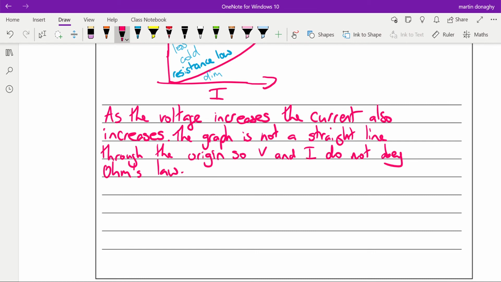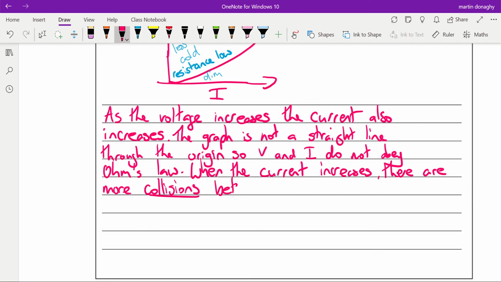So when the current or voltage increases, there are more collisions, and that is a key word here, between the free electrons that form the current, and we shouldn't really refer to them as atoms, because once the atoms have lost an electron to become a free electron, we should say it's an ion.